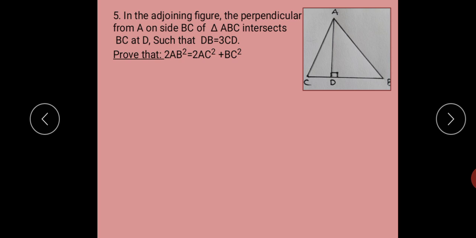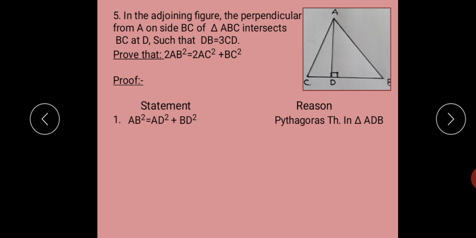Okay, so on the left hand side there is AB square. AB is the hypotenuse, so there is no problem. We can start the proof with Pythagoras theorem. In right triangle ADB, AB square is equal to AD square plus BD square.